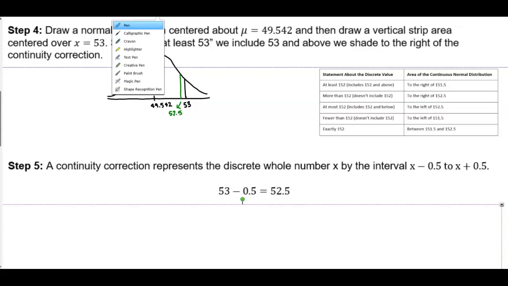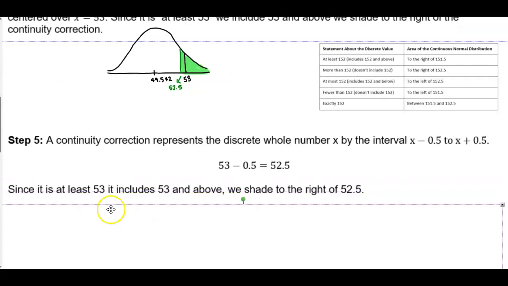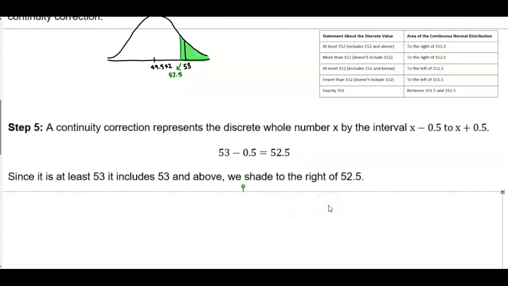And so what we're interested in is shading everything to the right of 52.5. Since it's at least 53, it includes 53 and above, so we're going to shade to the right of 52.5.